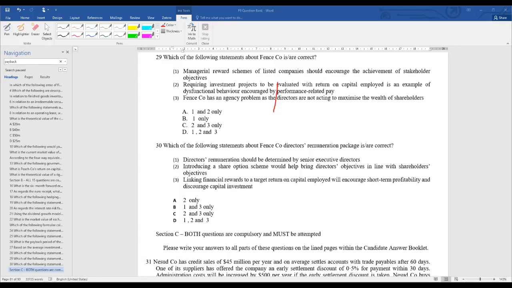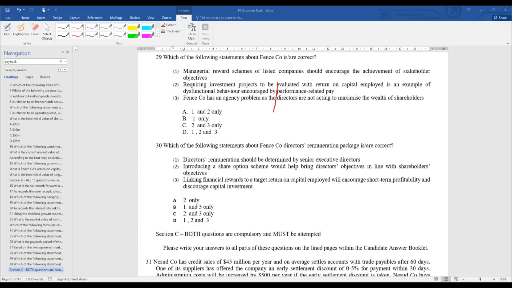Dysfunctional behavior could be the best term to use here. Dysfunctional behavior means that it goes against what was the intention of that objective or proposal.